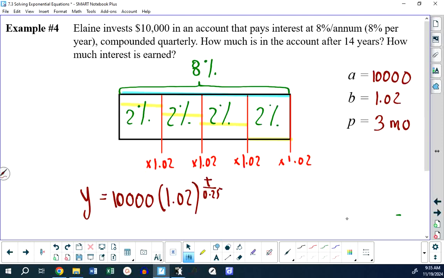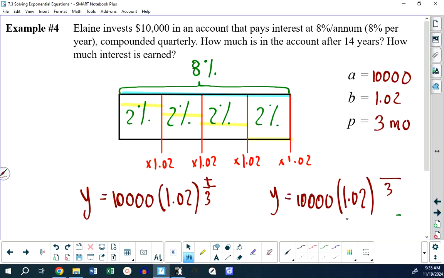But then, if you did that, you would have to put the time in months. I would like you to figure out how many months 14 years is. 168.